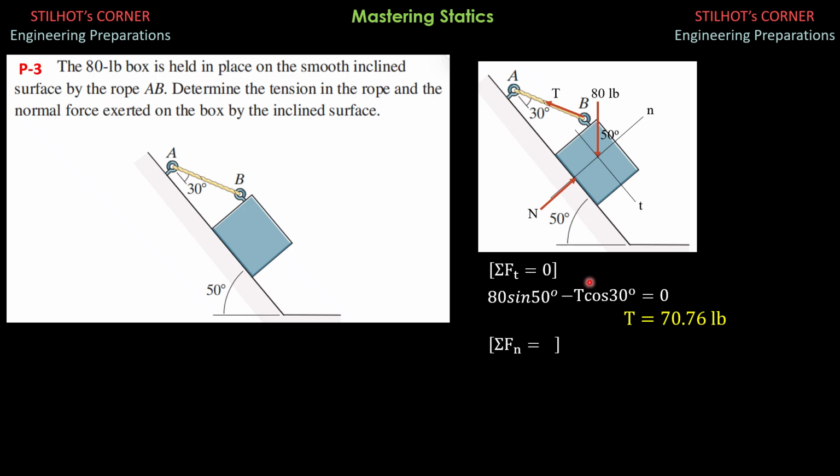So N minus 80 cosine 50 minus 70.76 sine 30 degrees equals 0, so N is equal to 86.8 pounds.